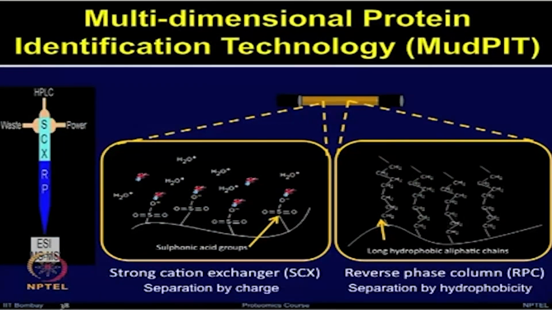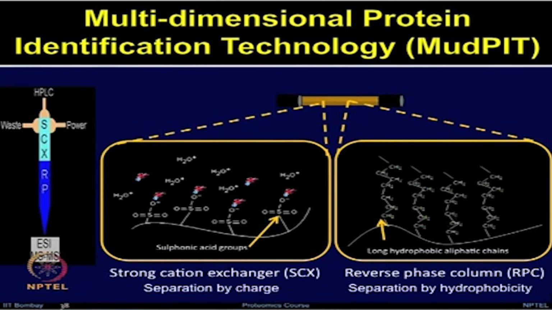We have already discussed two separate methods, SCX and RP. Strong cation exchange is based on the electrostatic attraction between the negatively charged sulfonic acid and the positively charged peptide, and the elution can be caused by addition of a positively charged mobile phase.